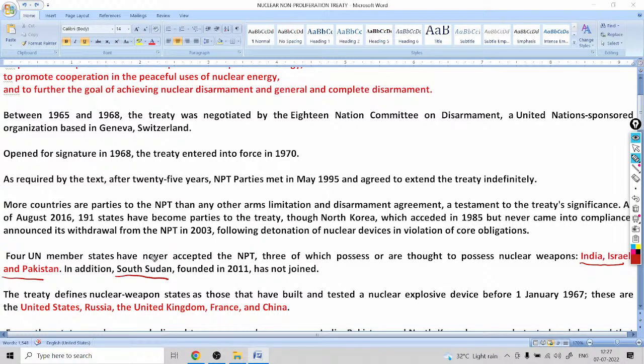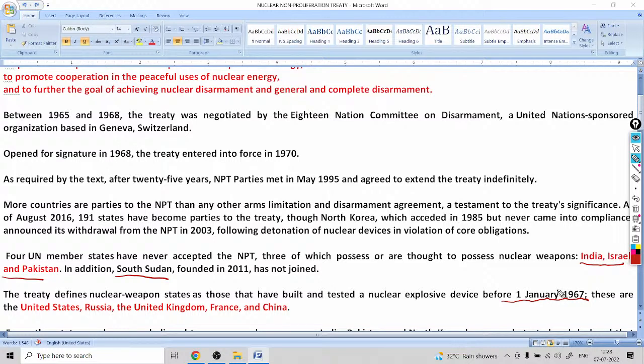treaty. Fine. The treaty defines a nuclear weapon state as one that has built and tested a nuclear explosive device before 1st January 1967, and the treaty was signed. Discussion started in 67. Okay, so the treaty was signed in 68. So those countries that tested nuclear weapons before 1st January 1967 were recognized as nuclear weapon states.